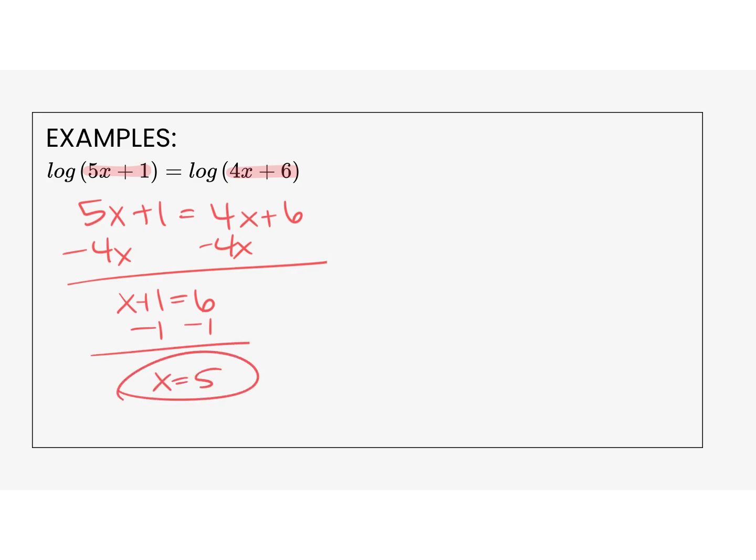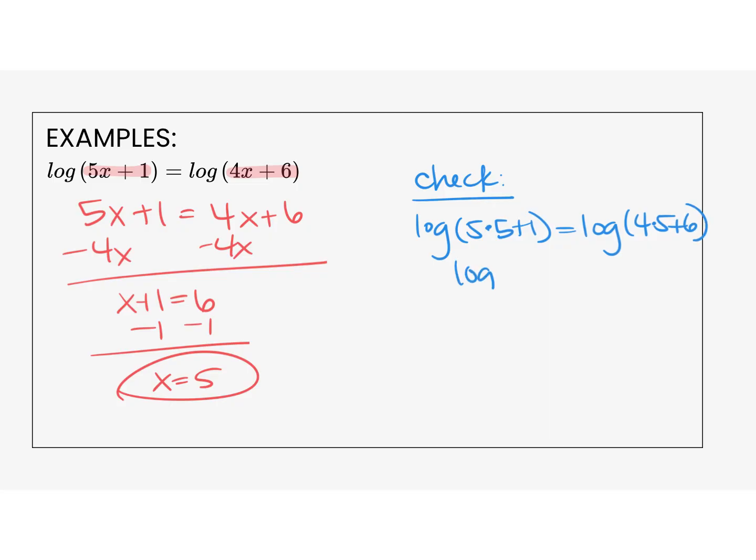And then, again, we have to check our answers. So log of 5 times 5 plus 1 equals log of 4 times 5 plus 6. So I get log 26 equals log 26. Okay, and we're good.